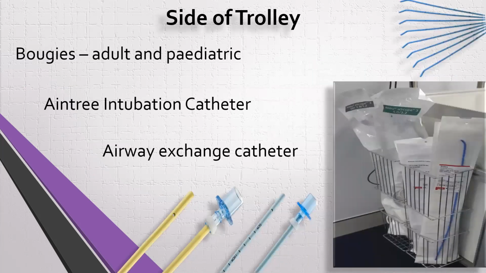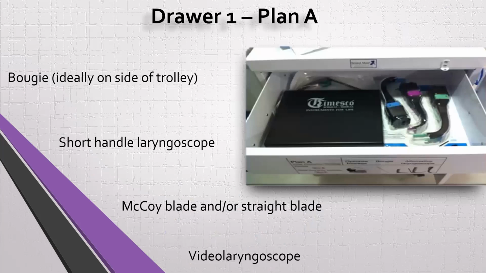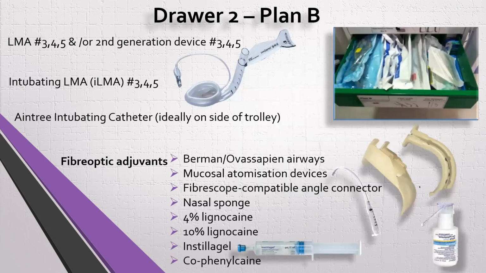The sides of the trolley should contain, as in the picture, a bougie, adult and pediatric size, an introducing intubation catheter, and an airway exchange catheter. Drawer 1 has equipment for plan A, which is the bougie, ideally found on the side of the trolley, a short handle laryngoscope, McCoy blade and/or straight blades, and video laryngoscopy.